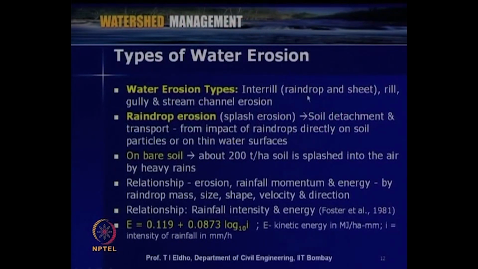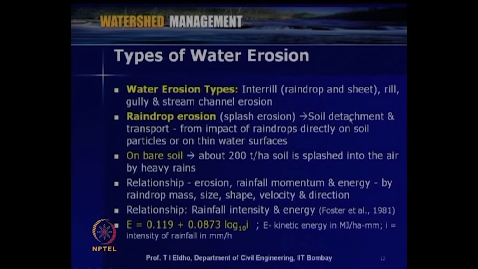Depending upon the conditions, we can classify water erosion types as follows: interrill, which combines raindrop and sheet erosion, then rill, gully and stream channel erosion. These are different types of water erosion. Let us see the first one, raindrop erosion or splash erosion.